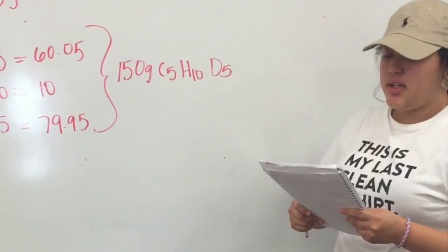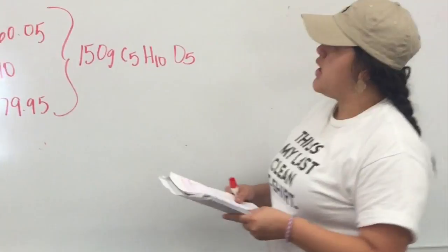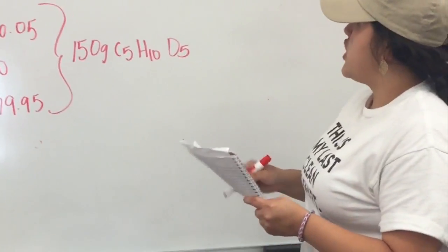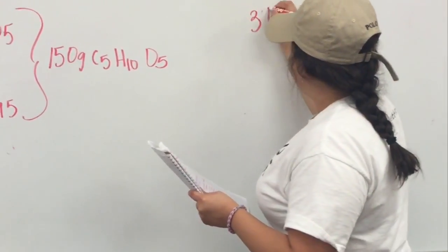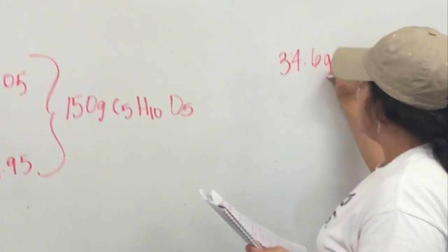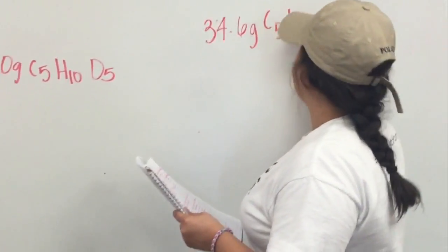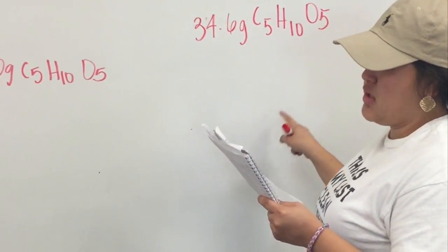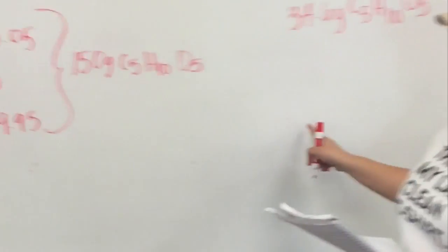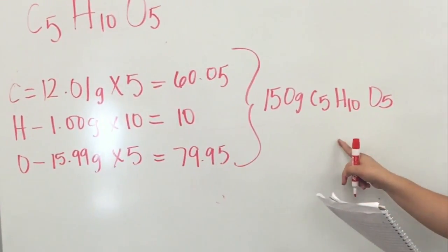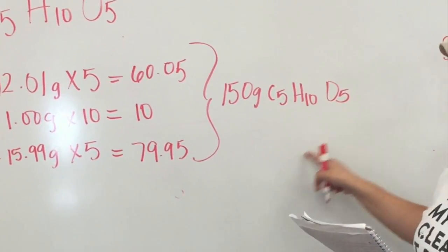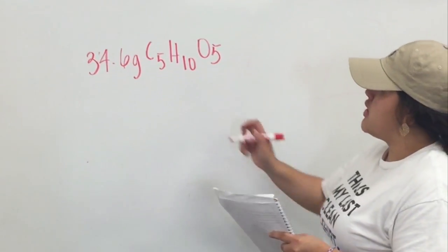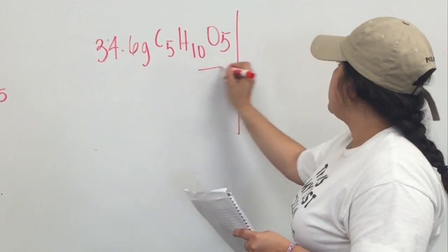For question 2, it's asking to find how many moles are in this equation. In the question, they're giving you that you have 34.6 grams of C5H10O5, and you want to find how many moles of it you have. So from question 1, you know that you have 150 grams of C5H10O5 as a total mass, and what you're going to do is dimensional analysis.